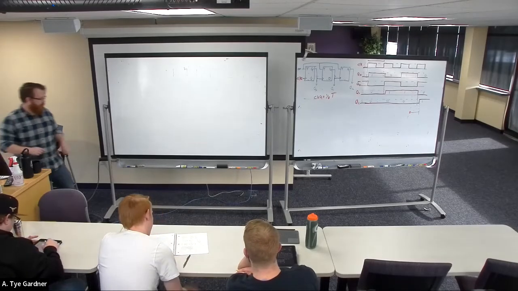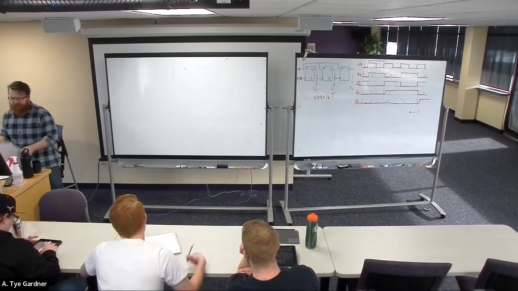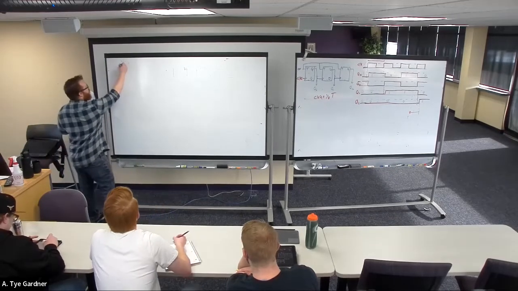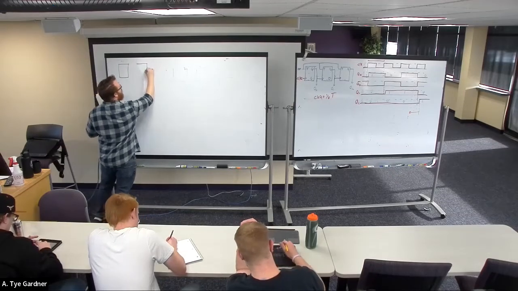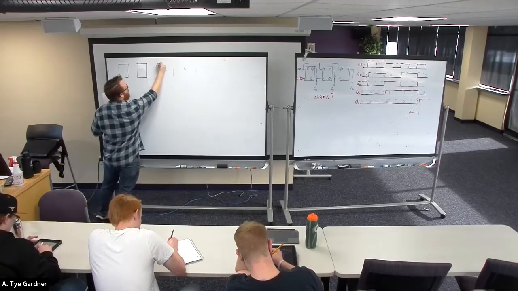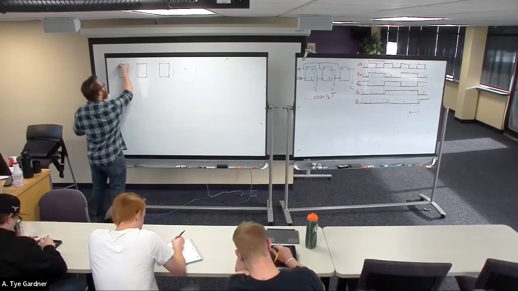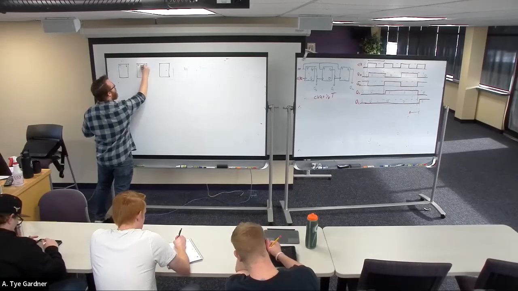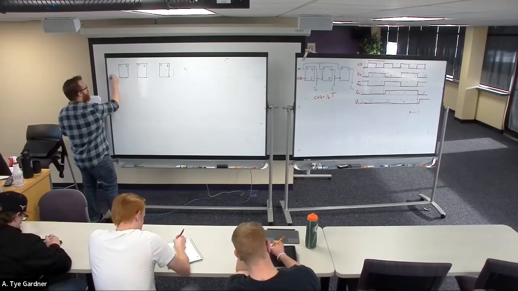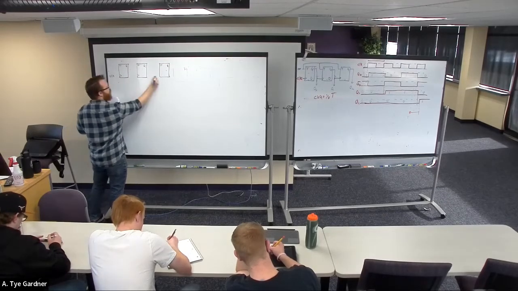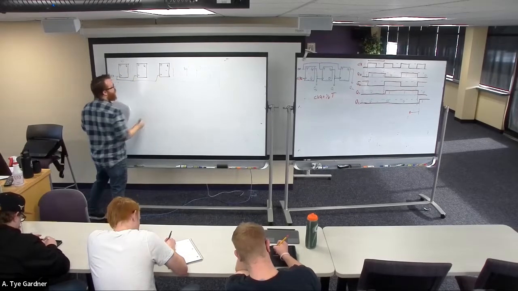Okay, the synchronous counters, though, this is just back to the review. We've done these before. They're still based off of the T flip-flops, the toggles. But in order to make it synchronous, the clock has to be common to all the devices.